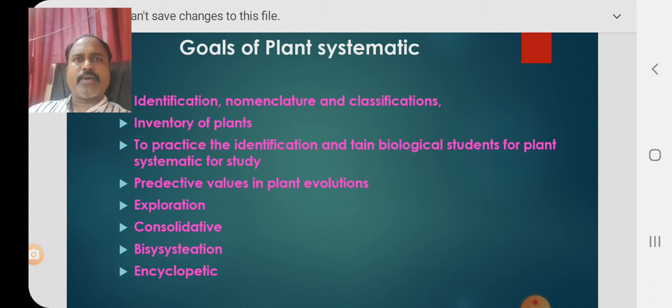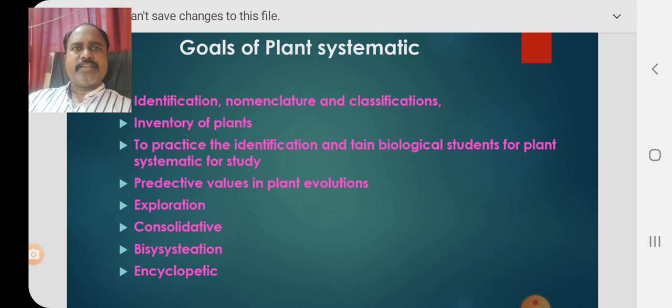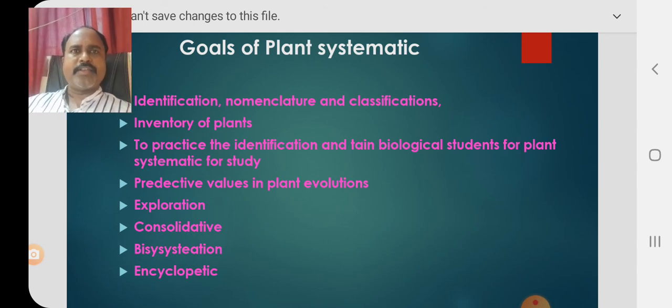Those regions are commonly unexplored. High elevations and even deep aquatic bodies are still not explored.